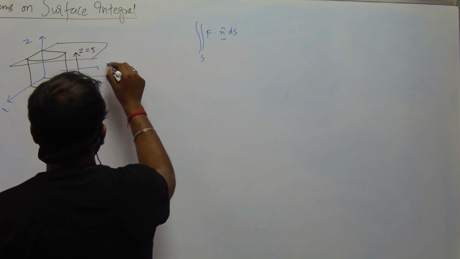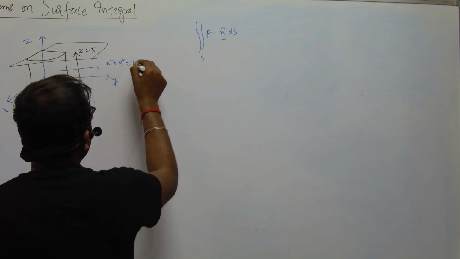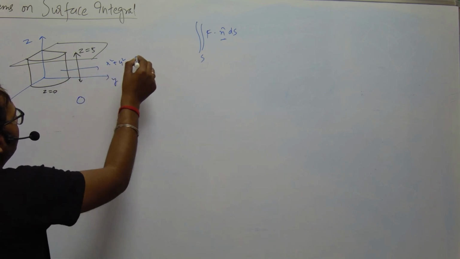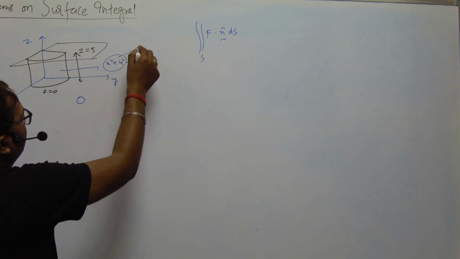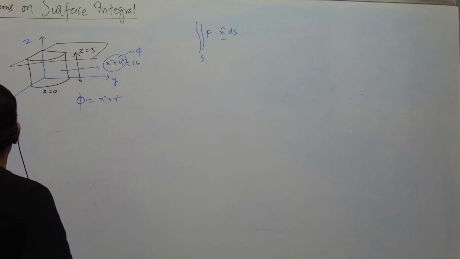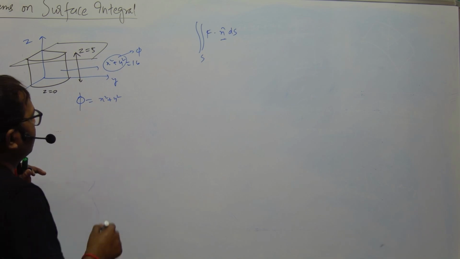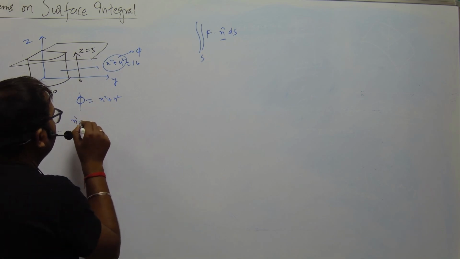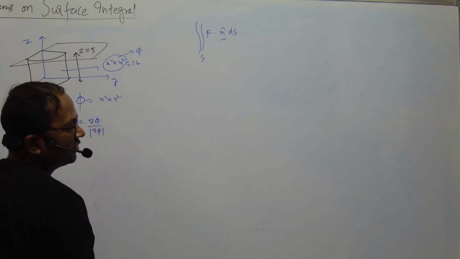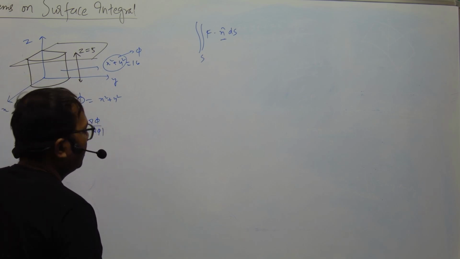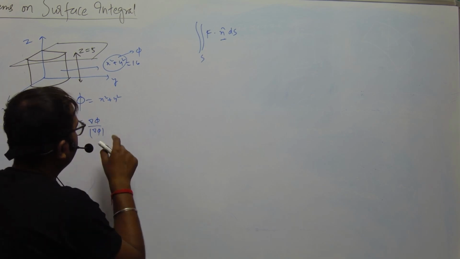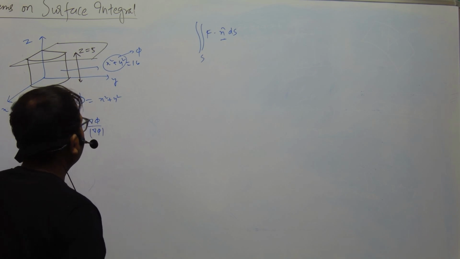This surface is x square plus y square is equal to 16, so let us consider this surface as phi, where phi is equal to x square plus y square. N cap is equal to del phi upon mod del phi. Del phi gives the outward normal, so n cap gives the unit vector along the outward normal.